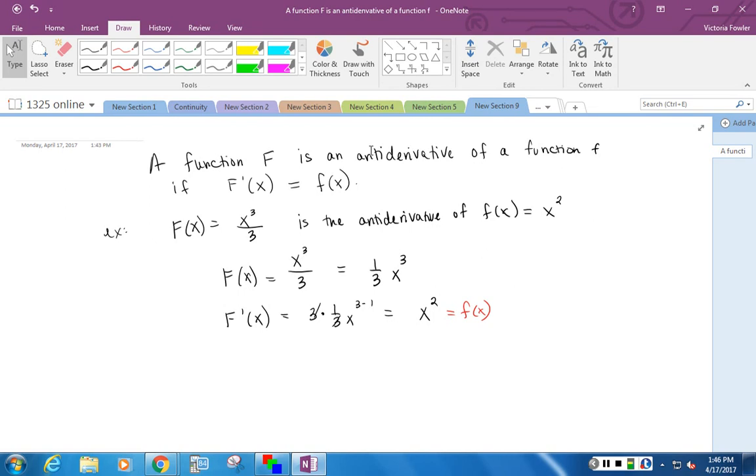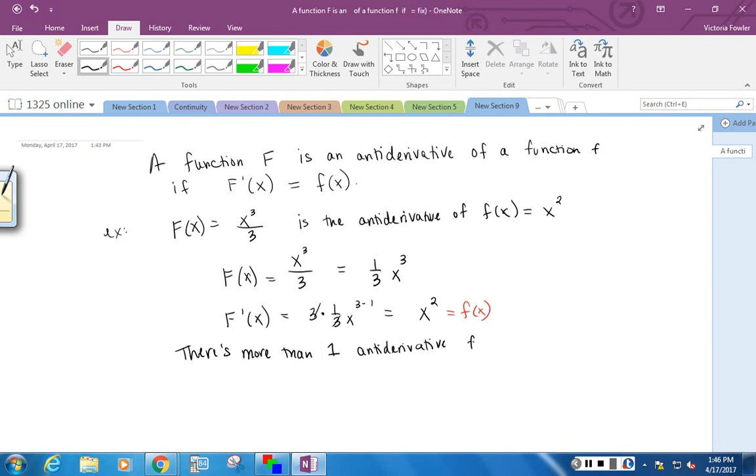But I want you to notice that there's more than one antiderivative for a function. So I'm going to write that down, with exclamation points. For example, what if I call capital F of x 1/3 x cubed, but then I have plus 2?